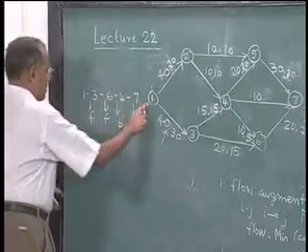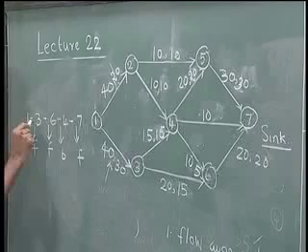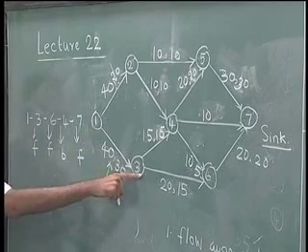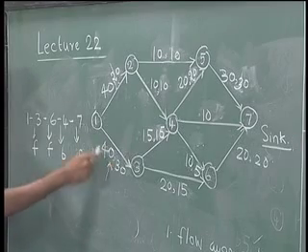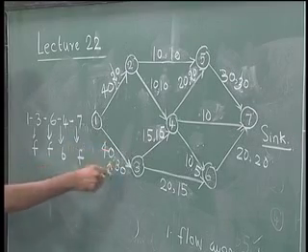Now in this, if we look at 1 to 3, 1 to 3 is a forward arc with capacity 40, flow 30, so there is an excess 10 that it can absorb.